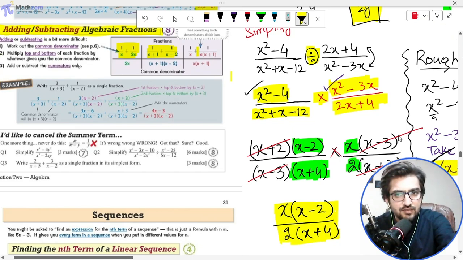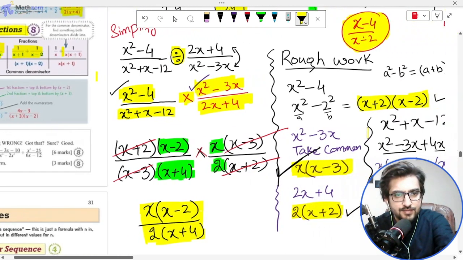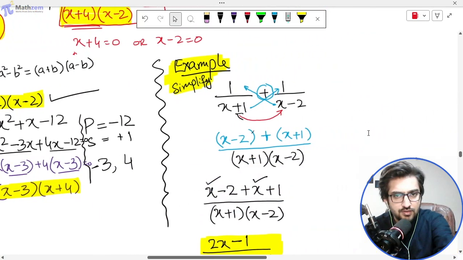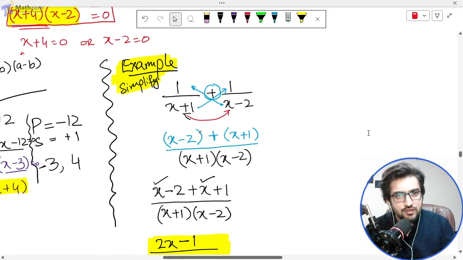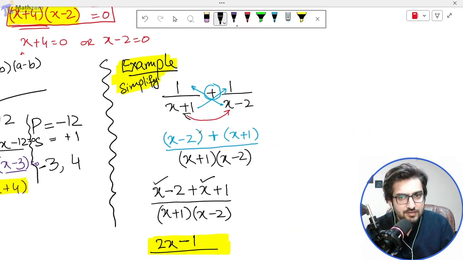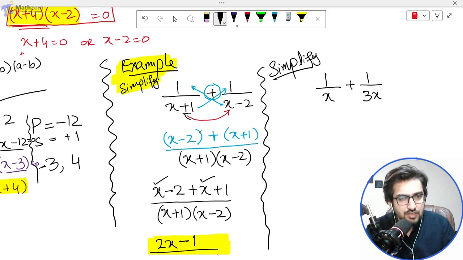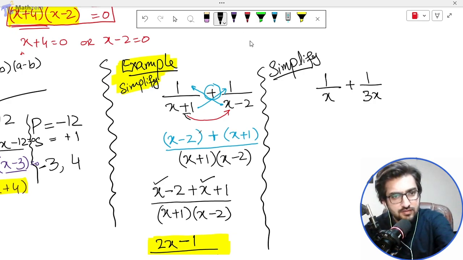There is a bit exception in this question, so focus here. Focus on this question. That is 1 divided by x plus 1 divided by 3x. Now you see that 3x is the multiple of x.